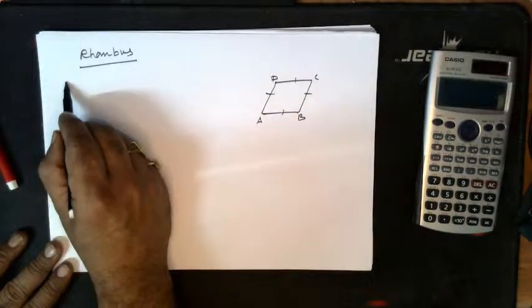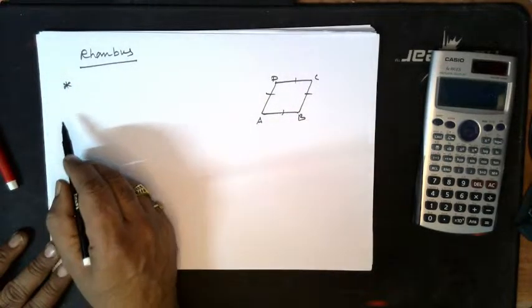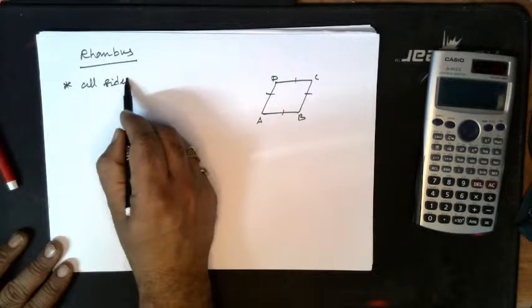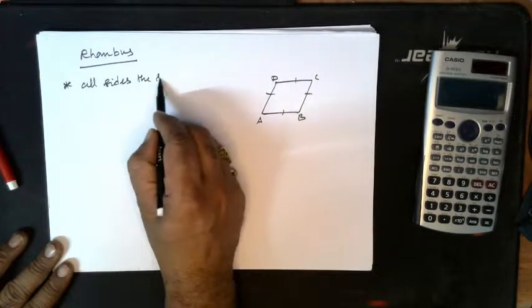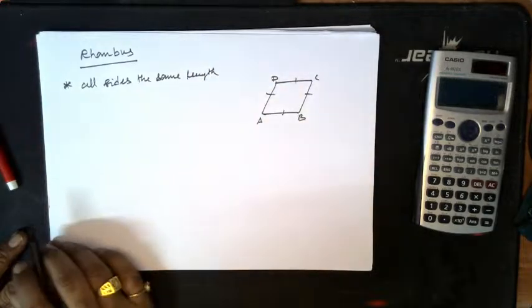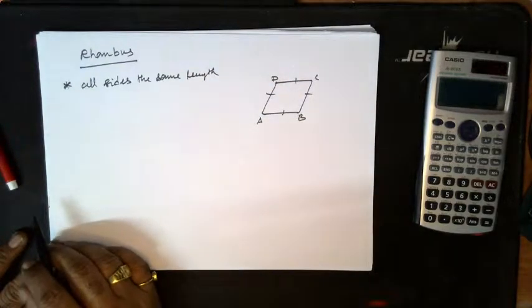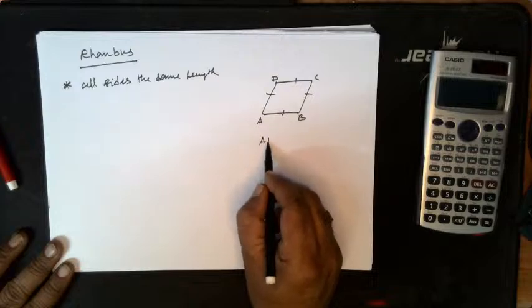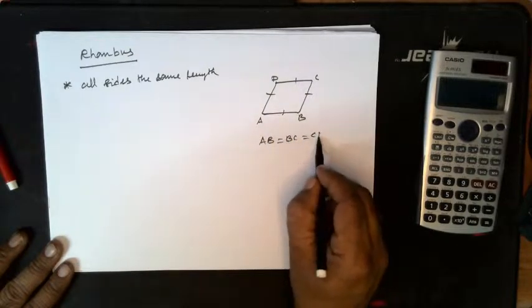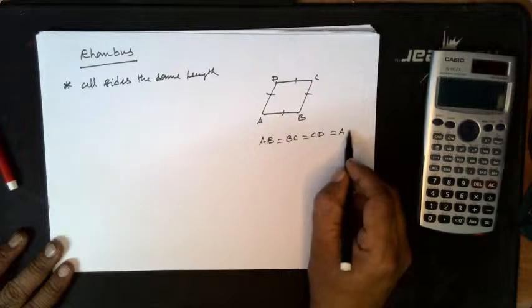A rhombus has all sides the same length. It means AB is equal to BC is equal to CD is equal to AD.